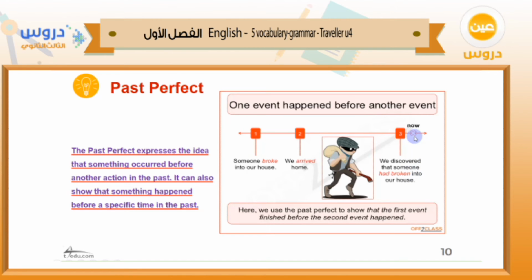And you can see also in this scenario, we did not reach the now. We did not reach the present. We're still on this side. Here we use the past perfect to show that the first event finished before the second event even happened.